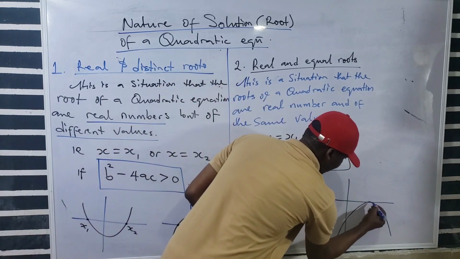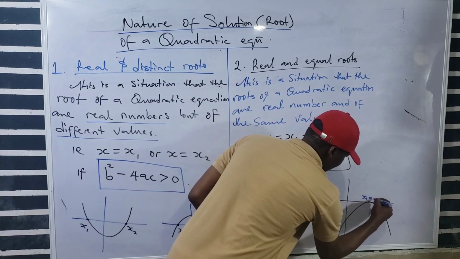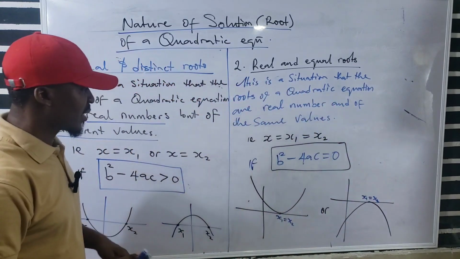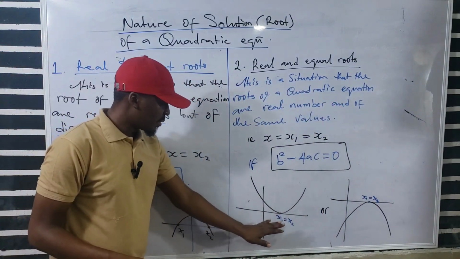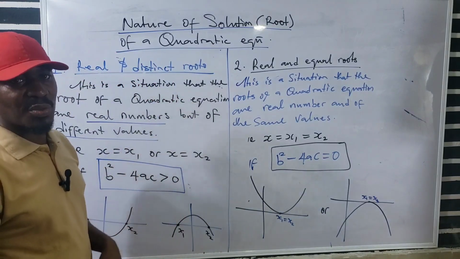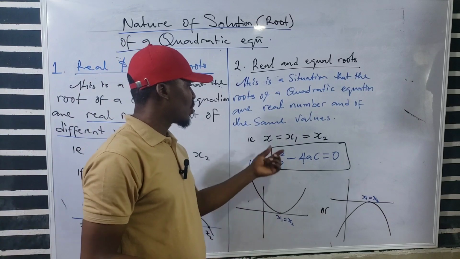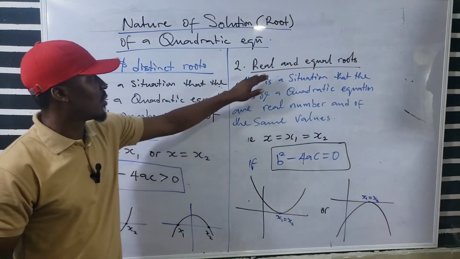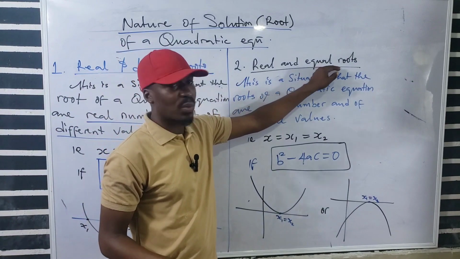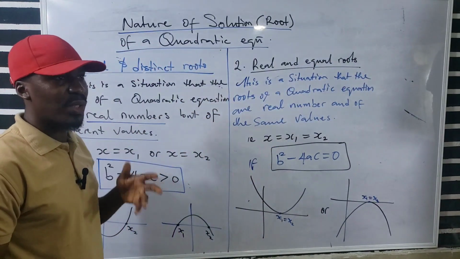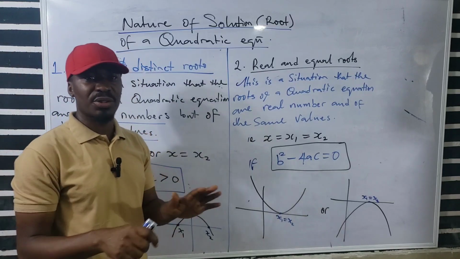In such a case, we say that it is a real and equal root. So those quadratic equations that you solve and get two numbers that are the same as the roots, they belong to real and equal roots.